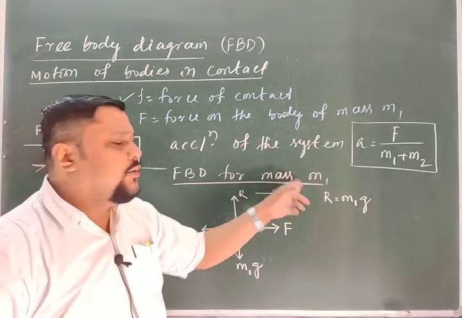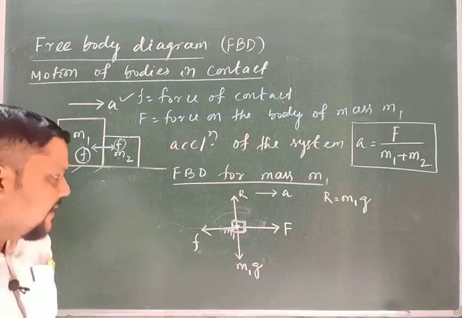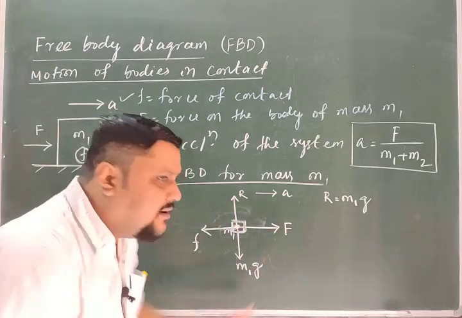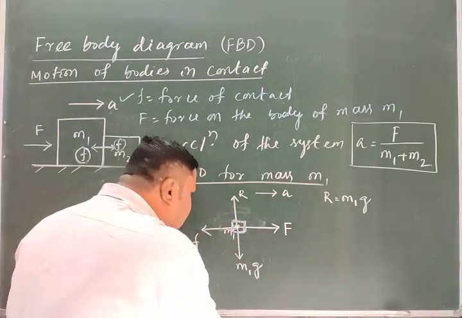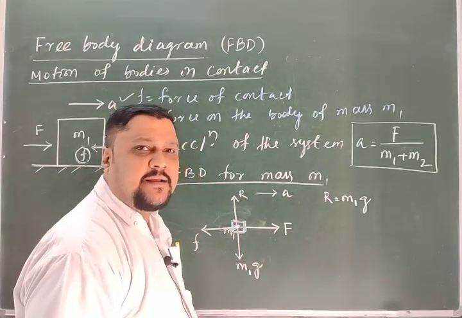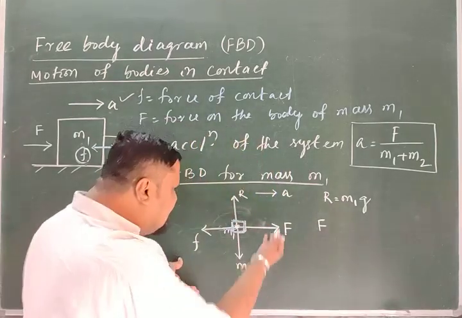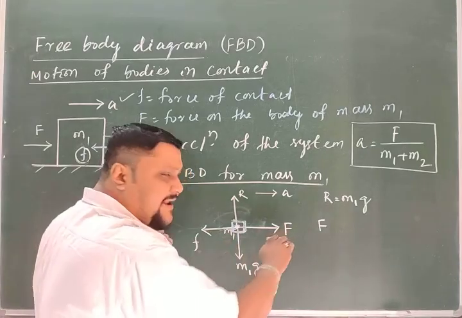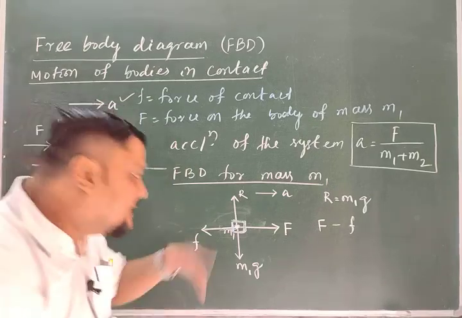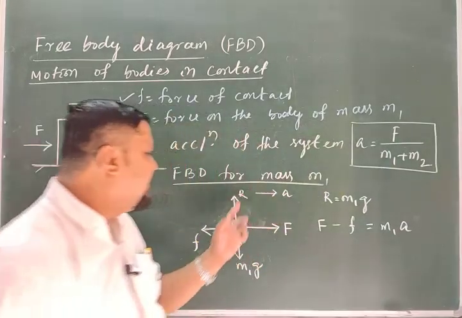It has no role in the acceleration, but my point is to calculate this f. Now go for the f part. F is applied along the right and small f is along the left, and the body has an acceleration along the right, so the resultant is F minus small f, which gives the acceleration on mass m1.